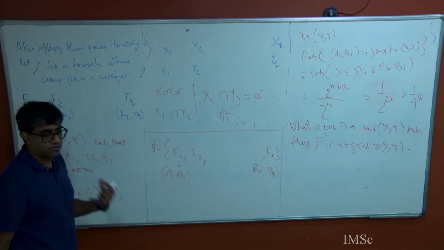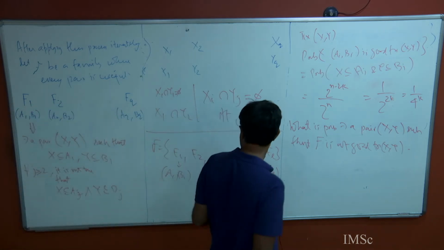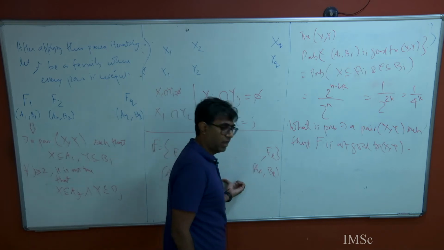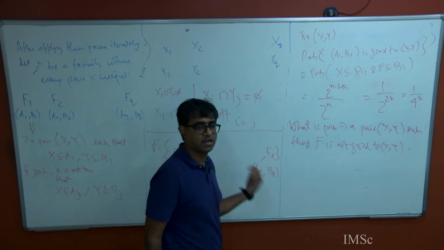It is not good for this pair, not good for that pair, and so on, and we have chosen these functions independently.